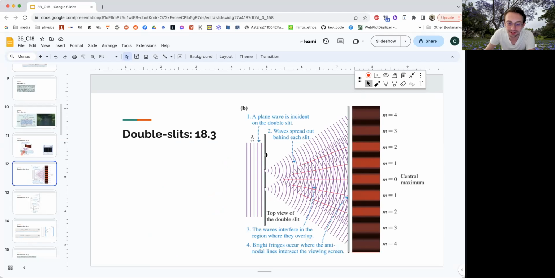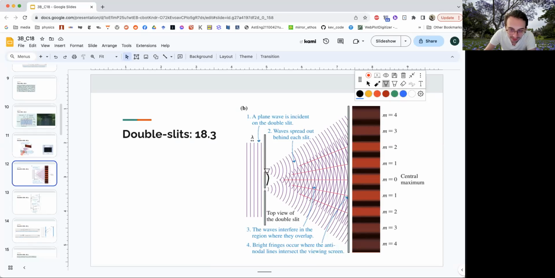So you can see we have our waves with a wavelength lambda that are being shone onto this double slit. We say that they're incident onto the slit, just meaning that we shine the laser onto it. And then they travel through these tiny, tiny openings that are separated by a distance d.